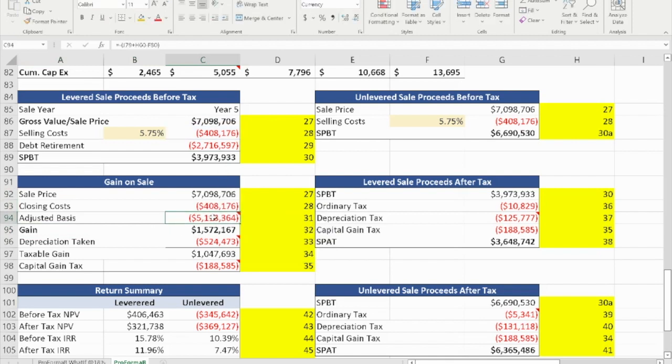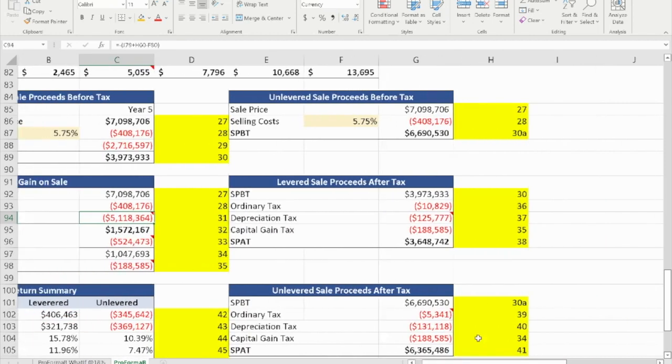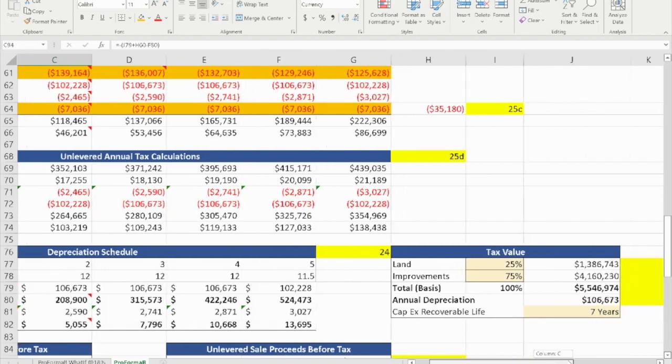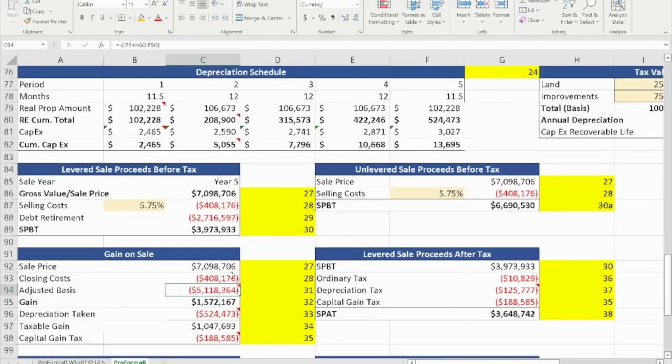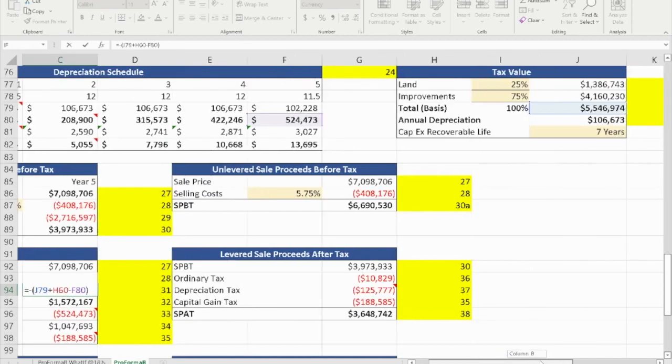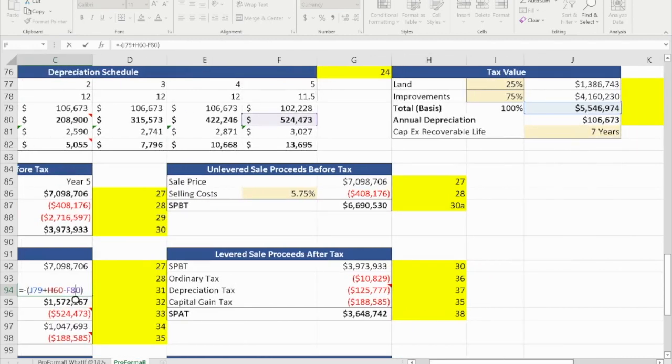The adjusted basis, if you remember, the basis for the property was $5.5 million. The adjusted basis says that we have to add to it, I apologize. For the adjusted basis, you first put in the equal negative open paren, the basis that we had, which is 5.5 million.